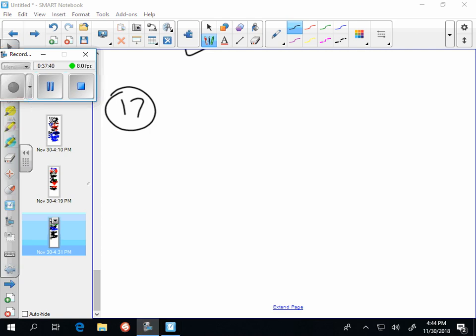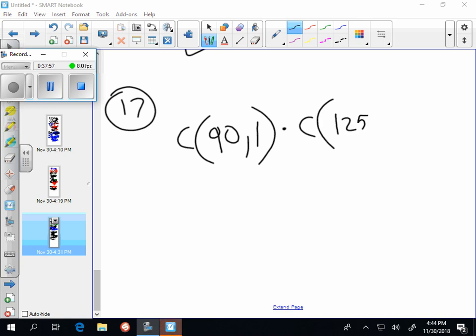So we need to find how many different two-person combinations of one female, one male are possible. Well, the number of females was 90, and I wanted to choose one. And the number of males was 125, and I wanted to choose one.